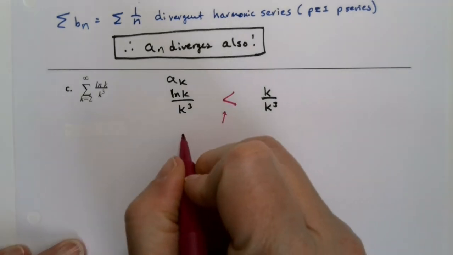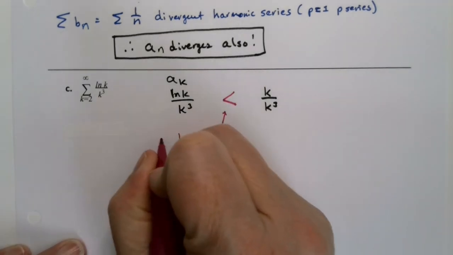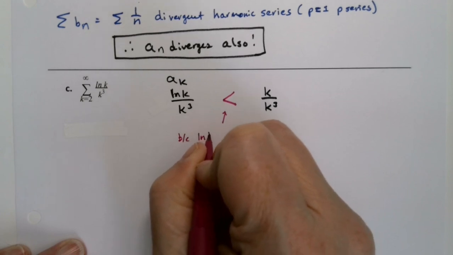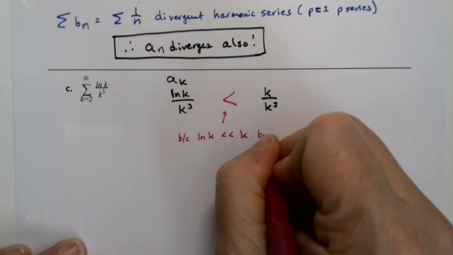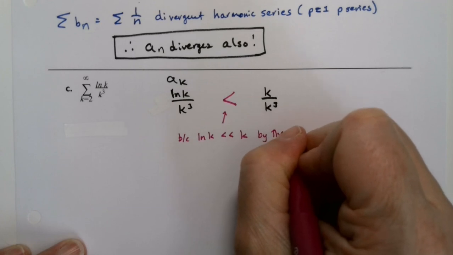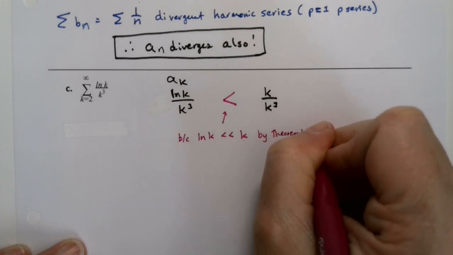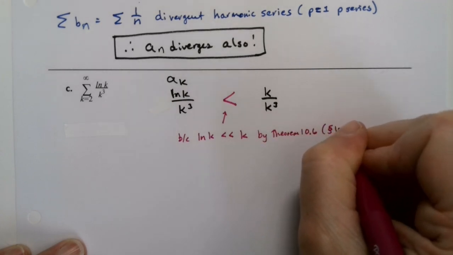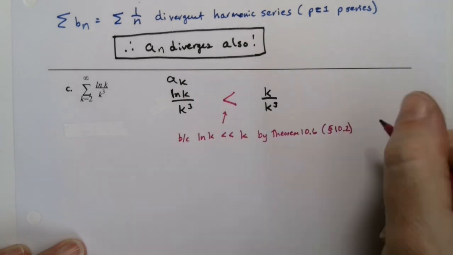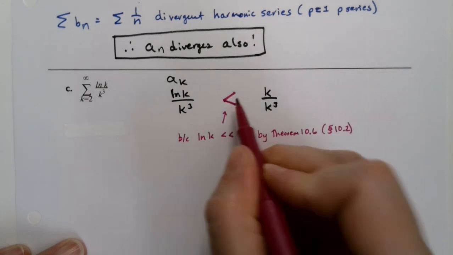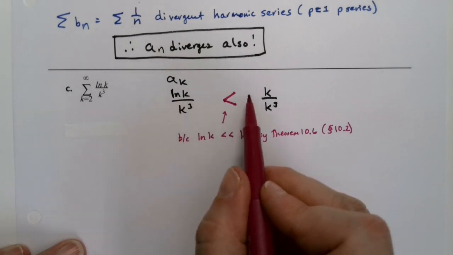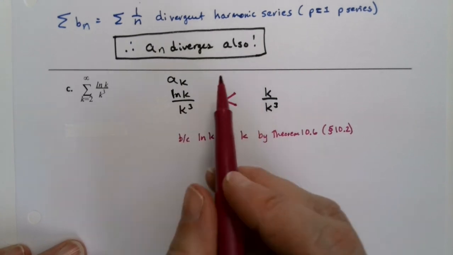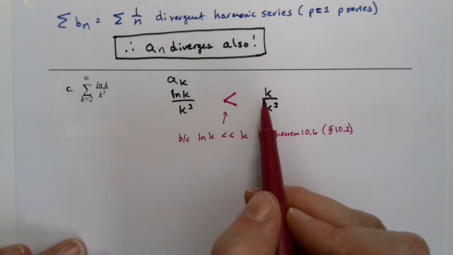Actually, I don't see the point in putting it over there. I'm just going to say right here, natural log of k is significantly less than k by theorem 10.6, and it was in section 10.2. And that's why this fraction is smaller than this one, because if the numerator is smaller, numerator works just like you think. If the numerator is smaller, then the fraction is smaller, right?